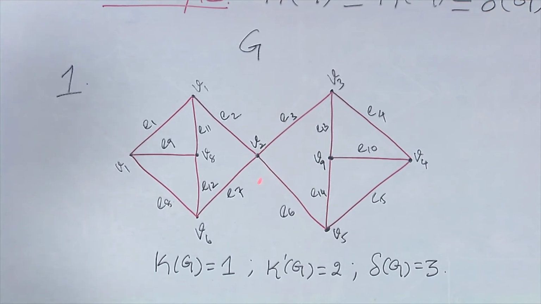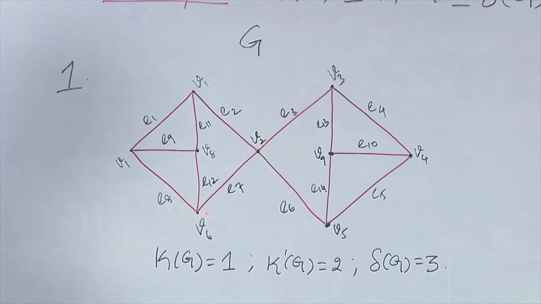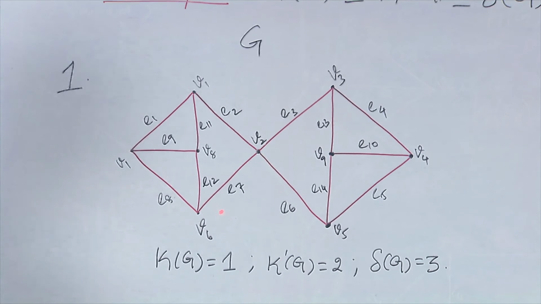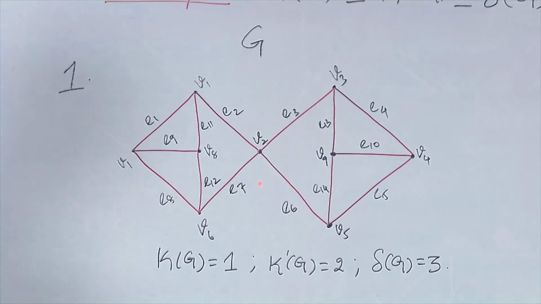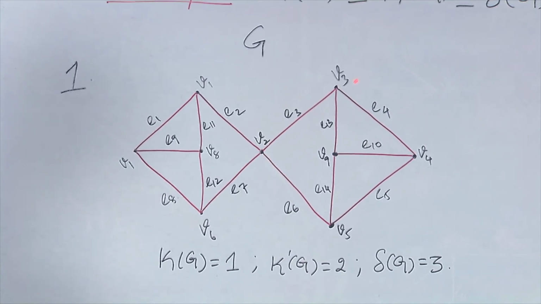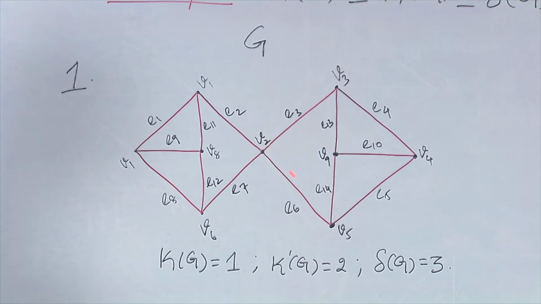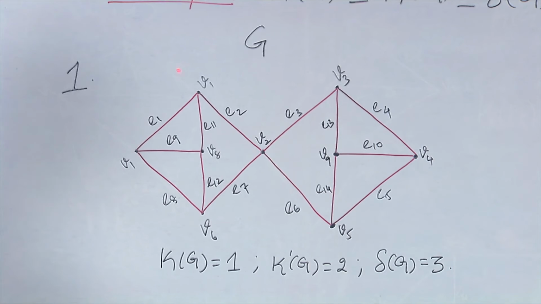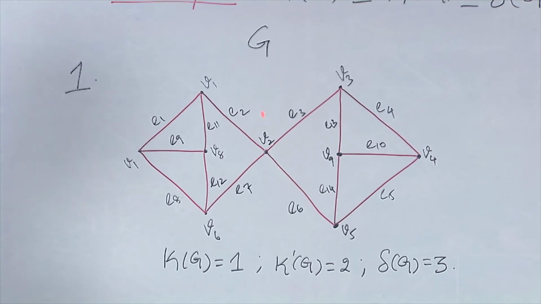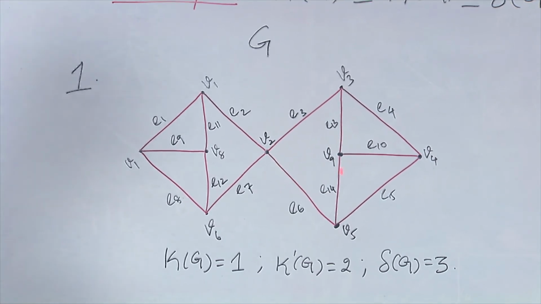Next, we are going to find edge connectivity. For edge connectivity, we are going to remove edges to make it disconnected. So, here I am going to remove edges E3 and E6. If I remove edges E3 and E6, that will result in a disconnected graph. Again, two components, one will consist of this part, the other will consist of this part.